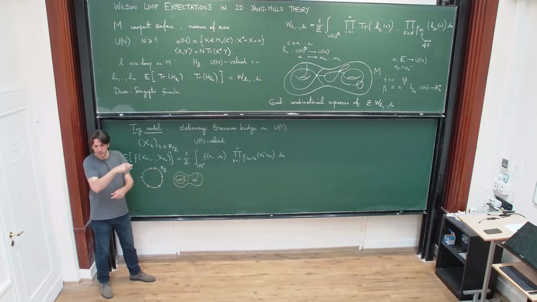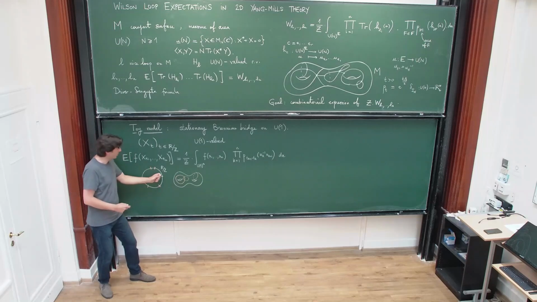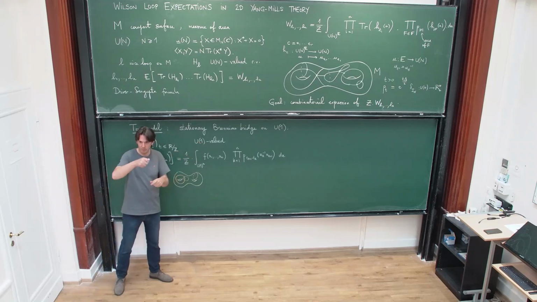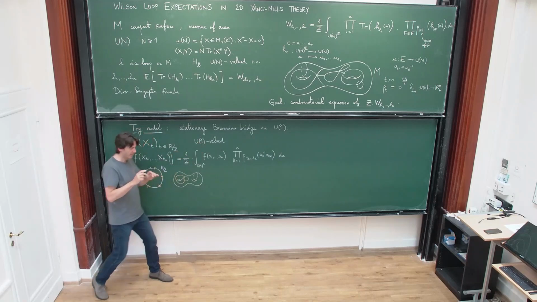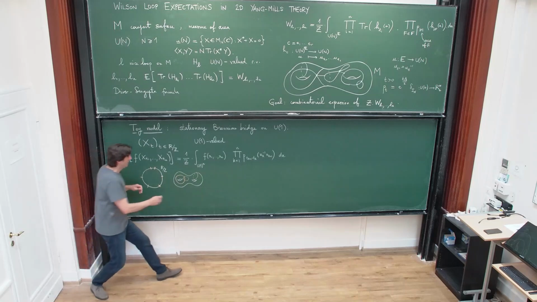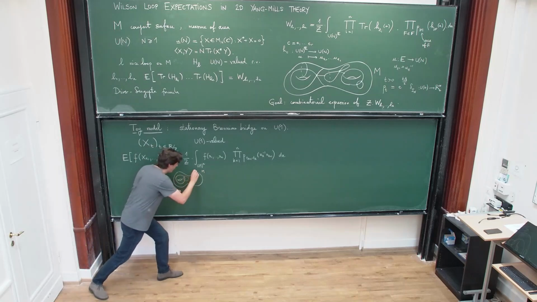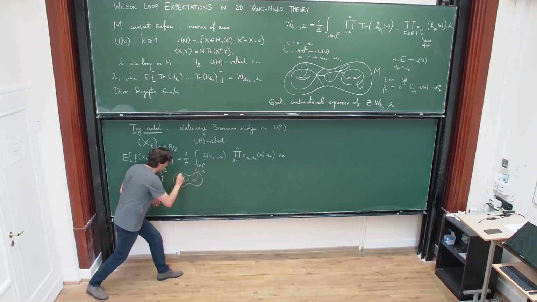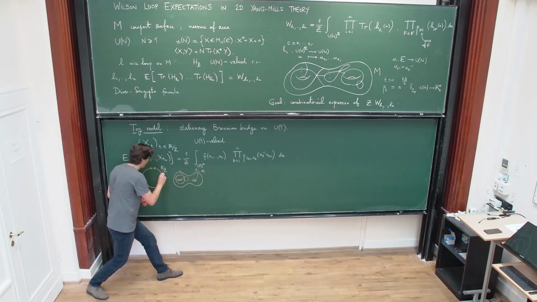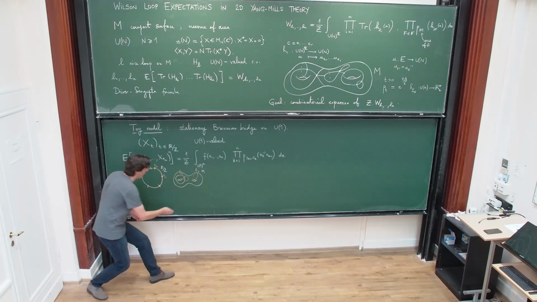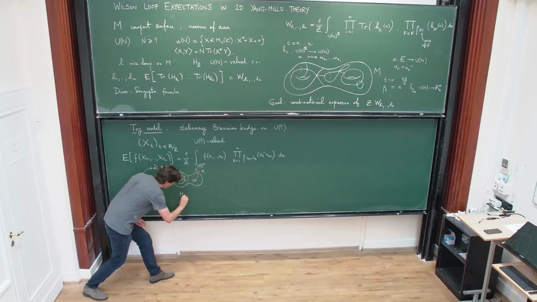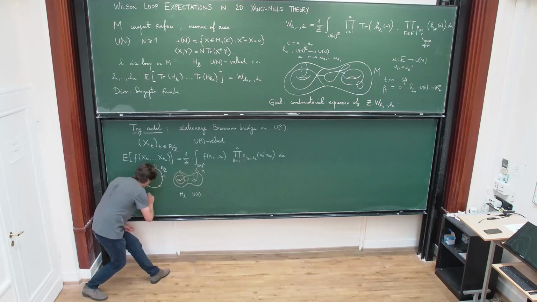So I'm doing this gesture because I have a picture of a torus, which is this circle times this circle, and I'm drawing the graph of this. And H_{t1} is U_N valued, and X_{t1} is U1 valued.